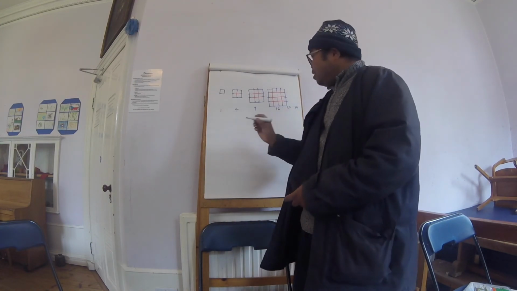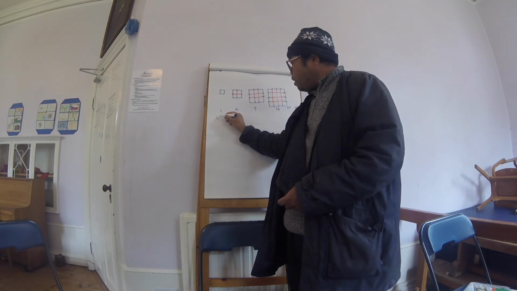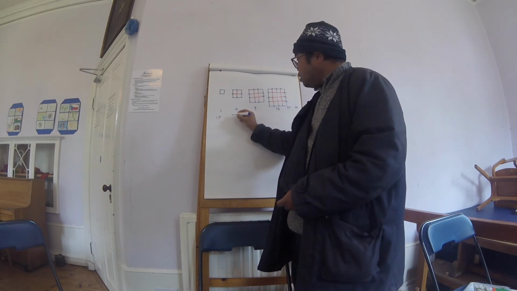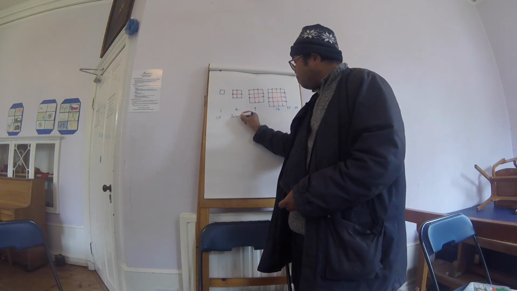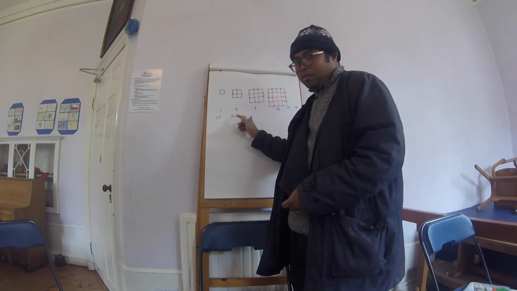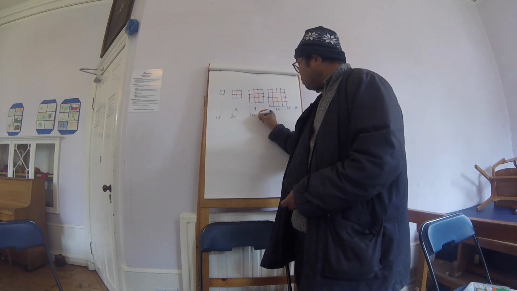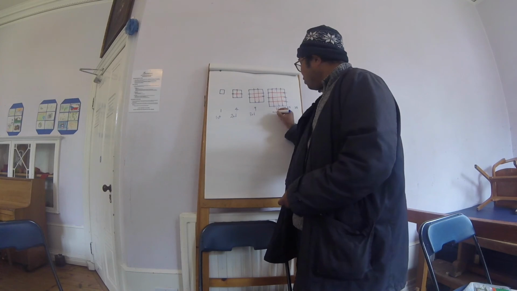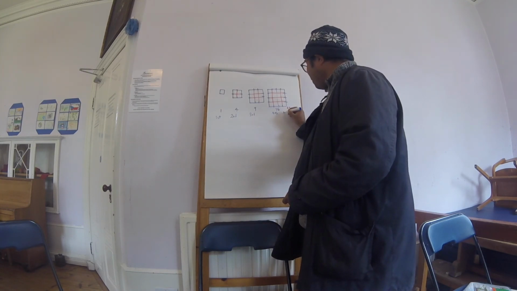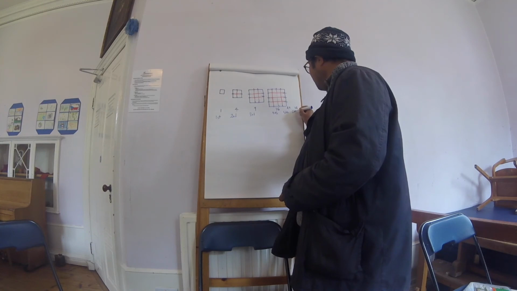So this is the first square number, this is the second square number, this is the third, the fourth, the fifth, and the sixth. What I'm trying to ask you now is what are the 7th, 8th, 9th, and 10th square numbers? Yes, is the work very clear? Now, we're going to proceed to our next lesson.